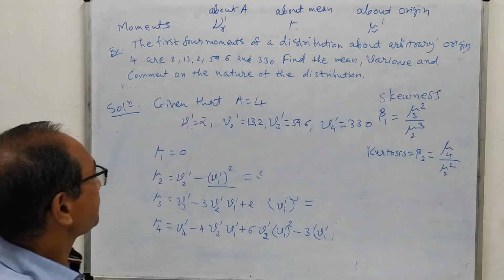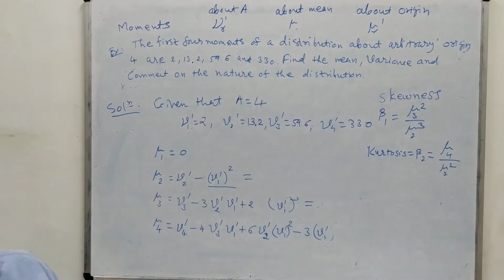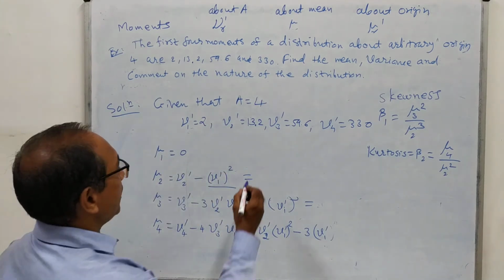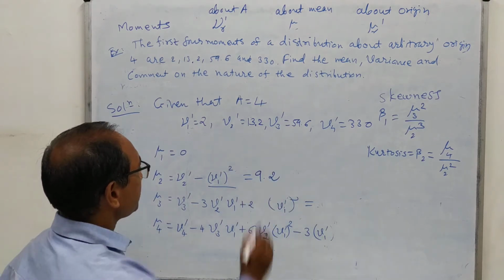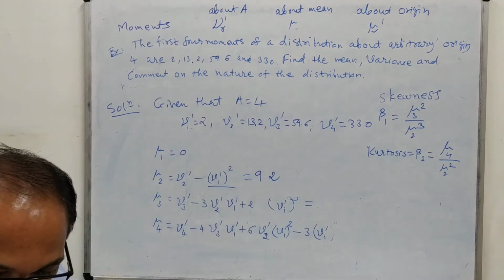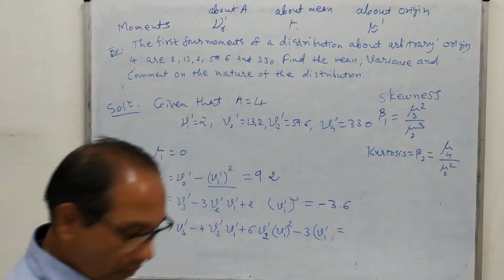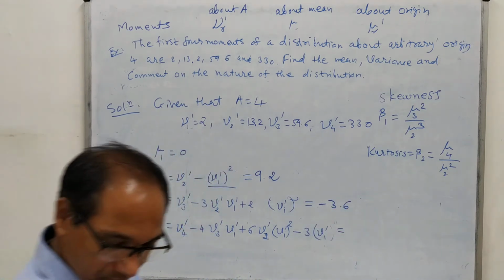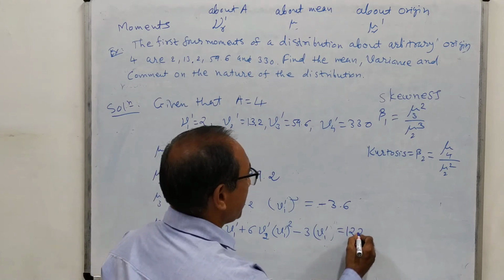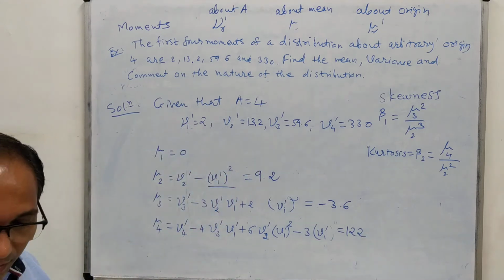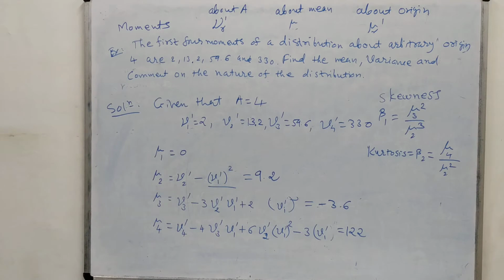If you substitute these values, you get mu2 as 9.2, mu3 as minus 3.6 and mu4 as 122.